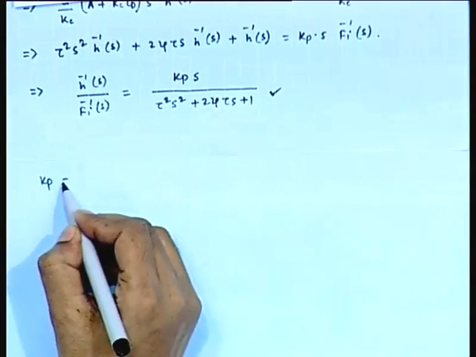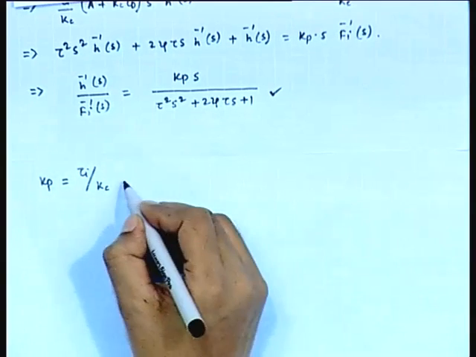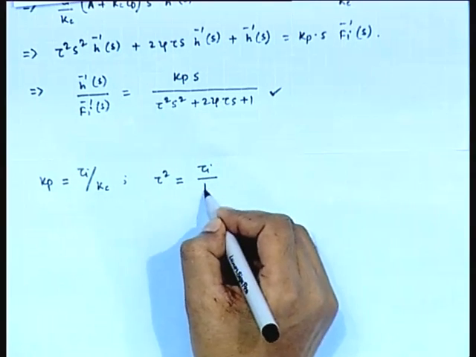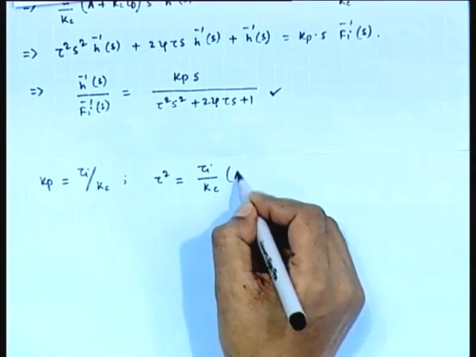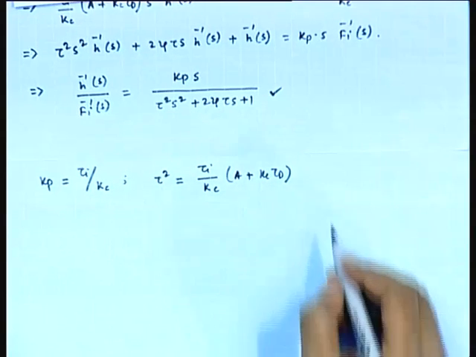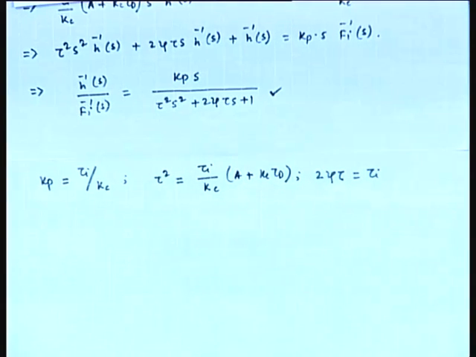Now, here kp is equal to tau I divided by kc. Similarly, tau square is equal to tau I divided by kc times a plus kc tau d, and 2 zeta tau is equal to tau I. We have considered in the derivation of transfer function these simplified forms.